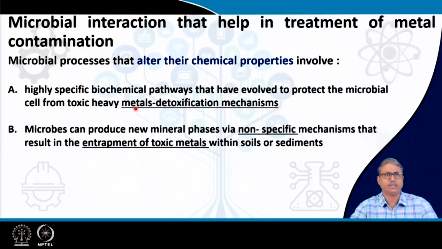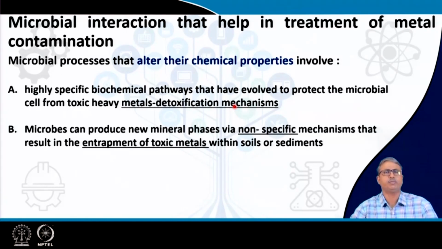Now, for all the different types of metals, microbes have developed different detoxification mechanisms. These detoxification mechanisms are one of the targets during bioremediation process development. For example, the chromium detoxification, arsenic detoxification, mercury detoxification, or even the cadmium or cobalt or copper detoxification system.